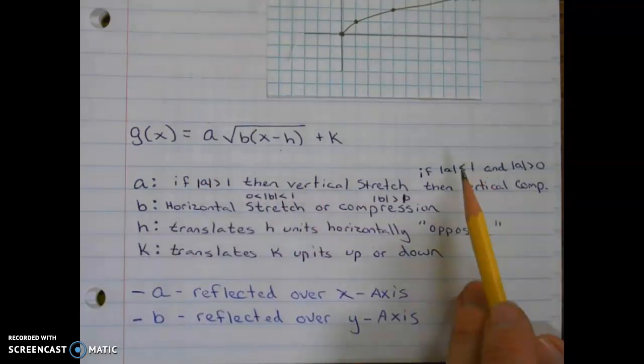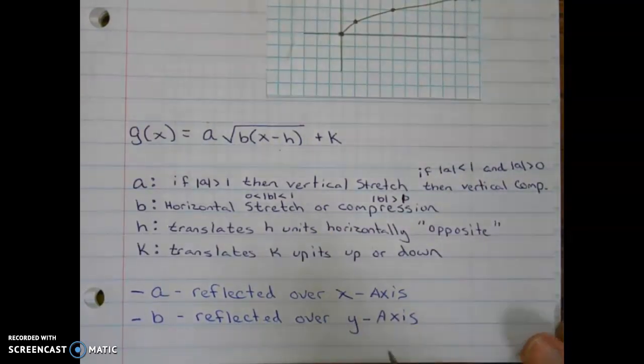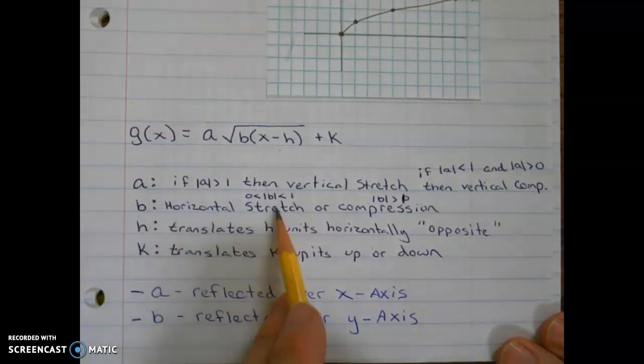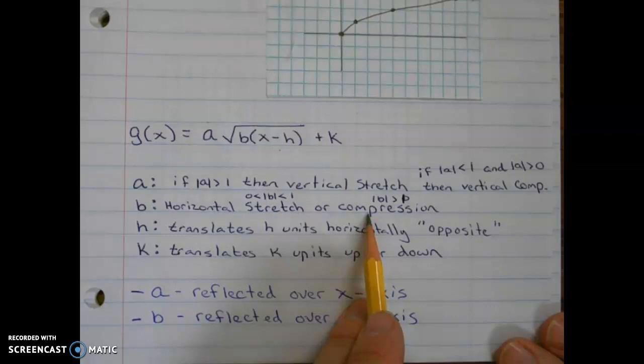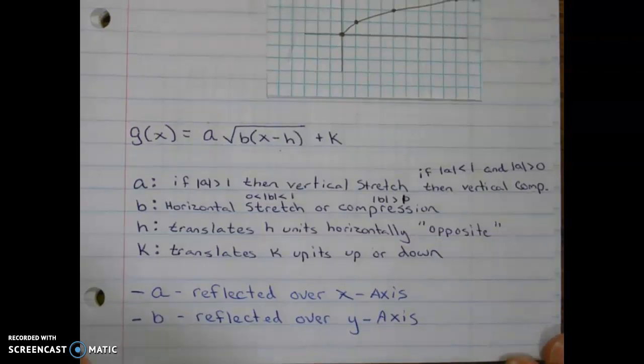And if a is between 0 and 1, we have a vertical compression, which most of you already know, and it's up on the poster in the room. Secondly is b. Now b, remember, is your horizontal stretch or compression, and it's going to be the opposite rules as vertical stretch and compression.